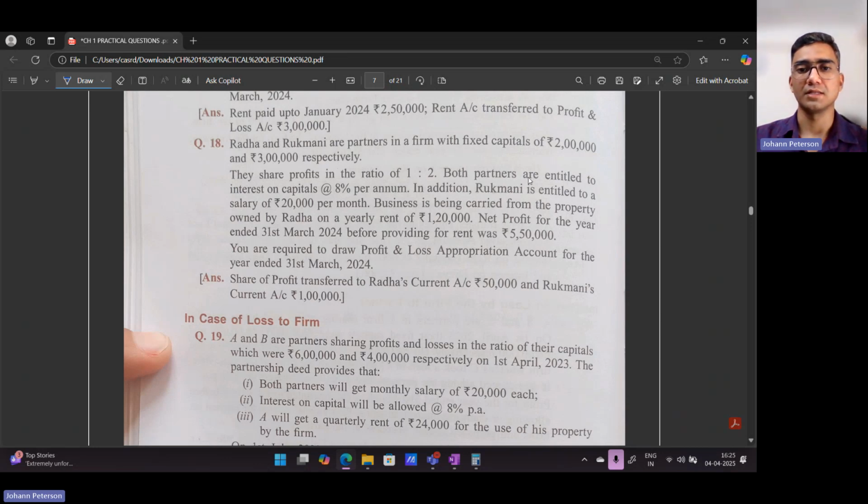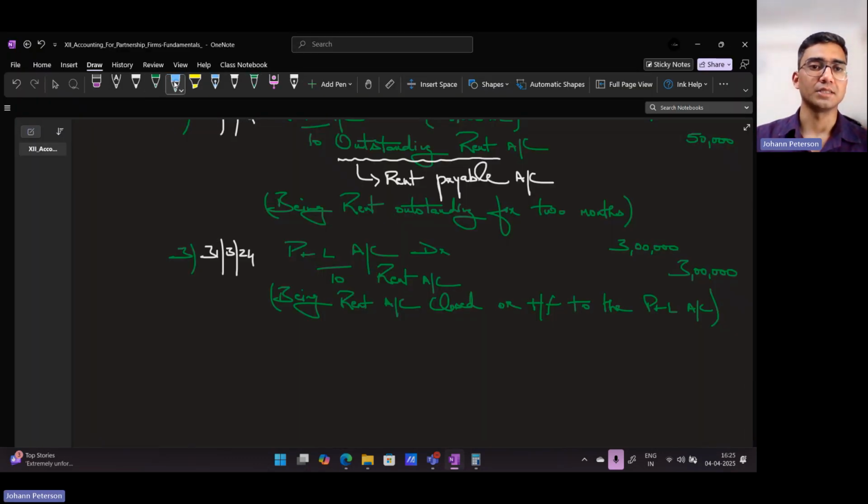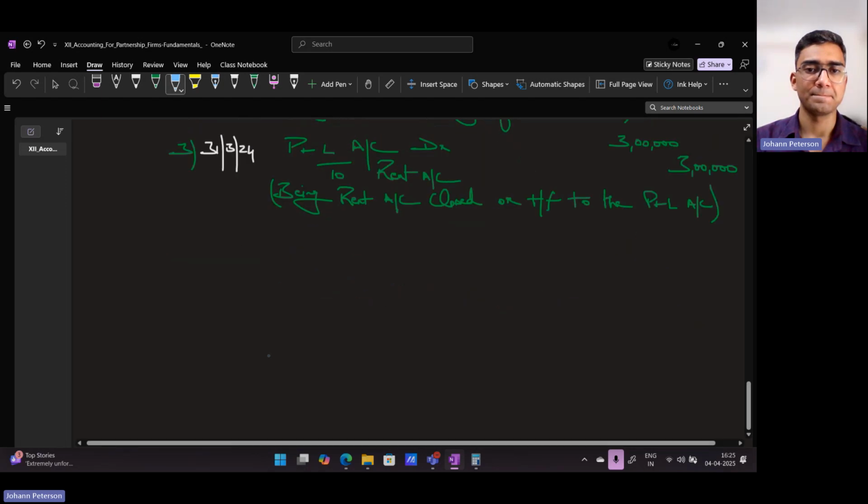So let's make the P&L appropriation account. That is a main part of our solution. P&L appropriation account making.